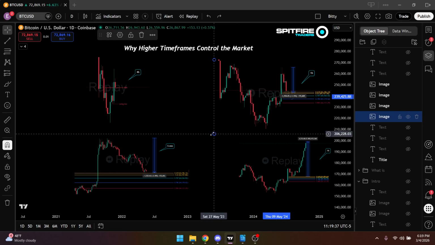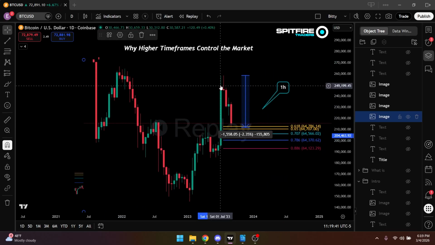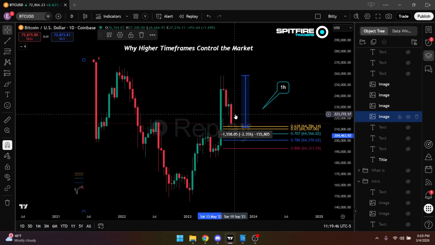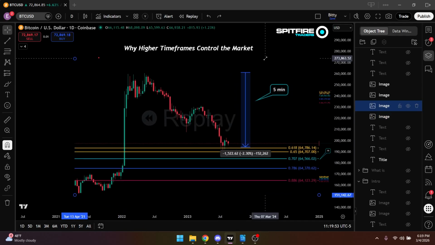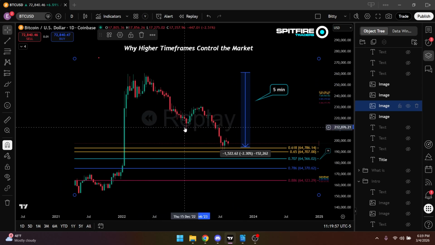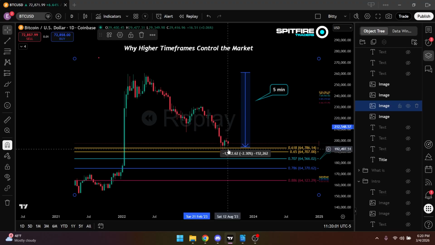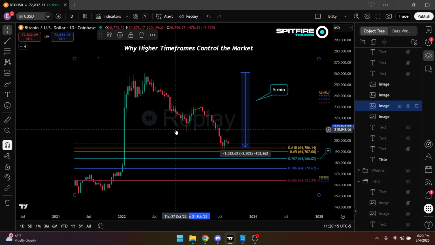But if you zoom in on the 1-hour chart, that little pullback on the 4 hours looks bigger. If we zoom in even more on the 5-minute, that looks really terrifying. Lots of red candles, lower highs, lower lows. If you're looking only at this 5-minute chart, you might think that the market is turning bearish.